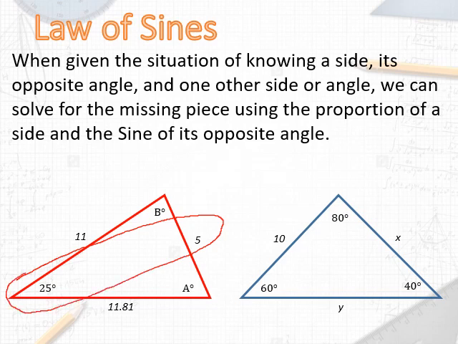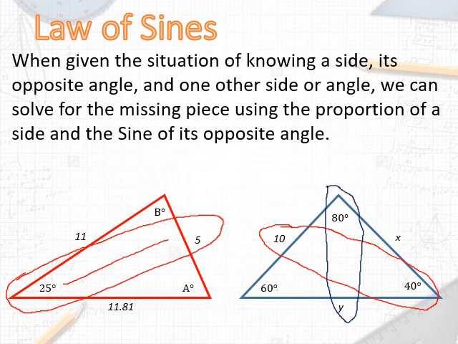If you can find a relationship like that, where you know an angle and you know the side across from it, law of sines is something that we can use. We need this pairing to create our proportion, and then we can base another proportion off that. So say we could solve for y using the 80 degrees or x using the 60, because we have one of those pairs where we know both elements. Let's take a look at the formula and see how it's built.